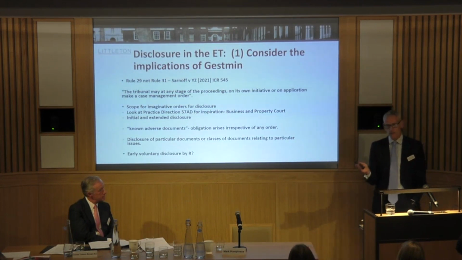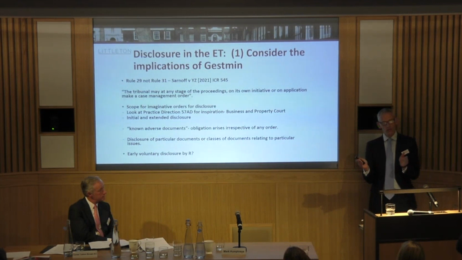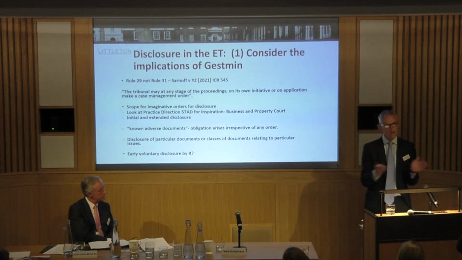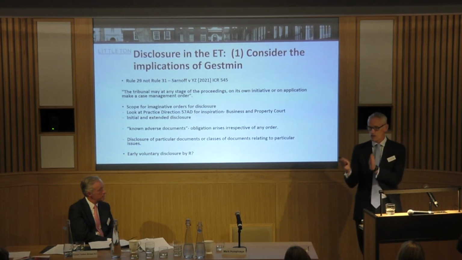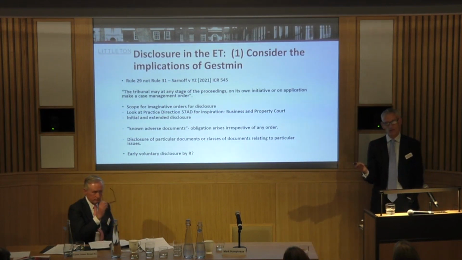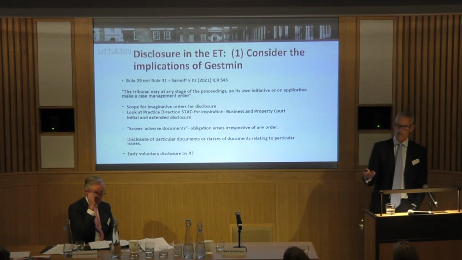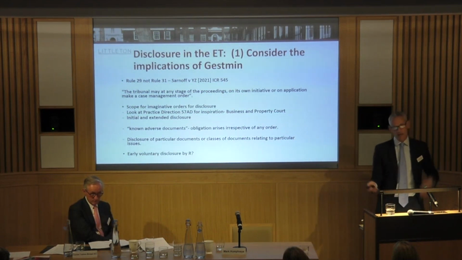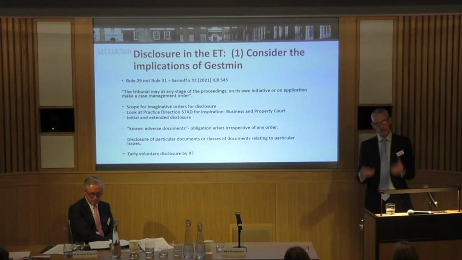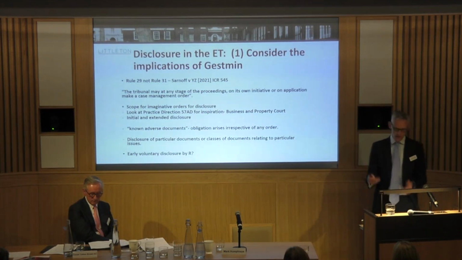It may be you have suspicions that there will be critical WhatsApp messages around about a key decision, and you want to see those at an early stage and see whether or not that can be agreed. If it can't be agreed at the PH, rather than simply saying it should be October rather than November, the date for disclosure, say this is the specific orders that we are seeking.